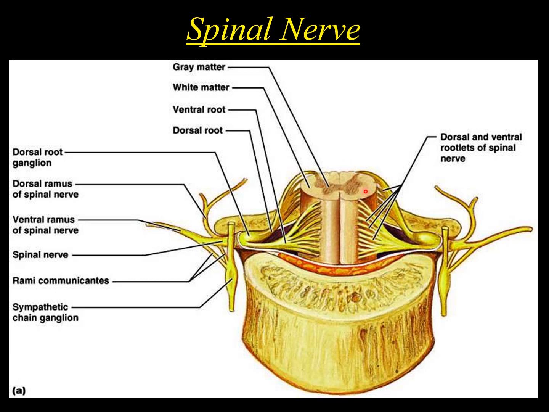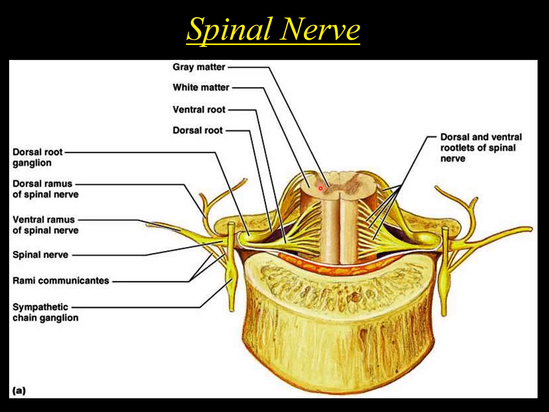Inside the spinal cord section, we see two types of matter: white matter, the light color, almost in the periphery, and this H shape is known as gray matter because it appears gray. It is an H-shaped structure.